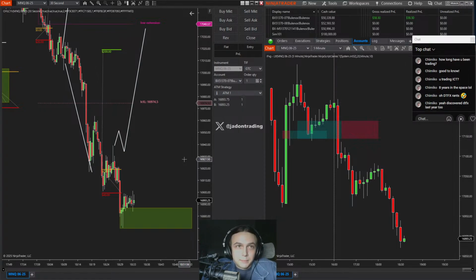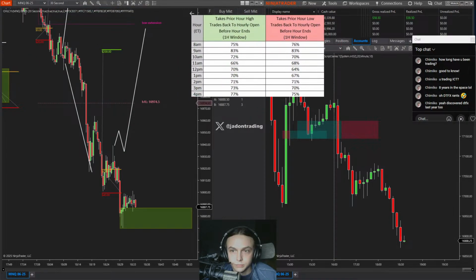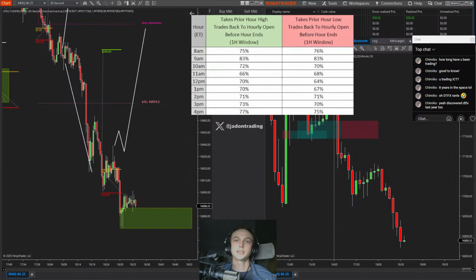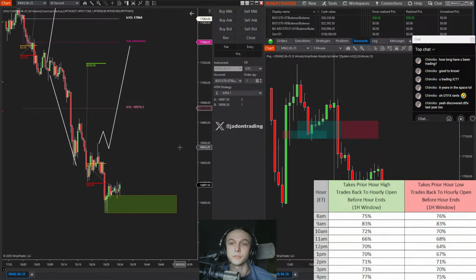I can show you this statistic that I'm trading. There's this statistic by NQ Stats. Basically, I wait for price to sweep the previous hour's candle, and then I look for some sort of entry.